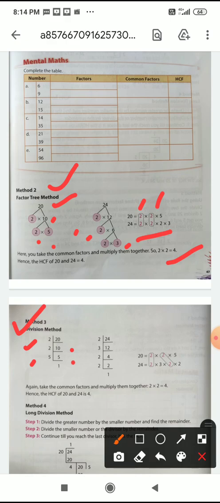Then at last we get 1. Here also we divide, at last we get 1. Now we write all the factors of 20 and 24. Then we find the common factors, that is double 2. If we multiply, we get 4. So 4 is the answer.